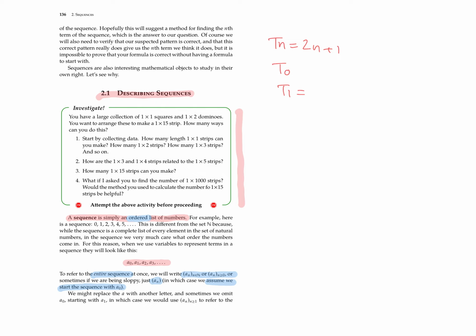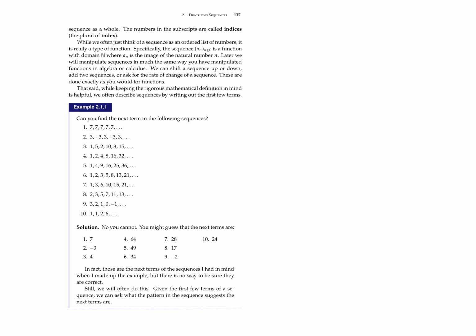So we might replace the A with another letter. Then sometimes we omit a naught, as I said now, and start at A1. In which case, we could use an, which indicates that n is bigger than or equal to 1, to refer to the sequence as a whole.